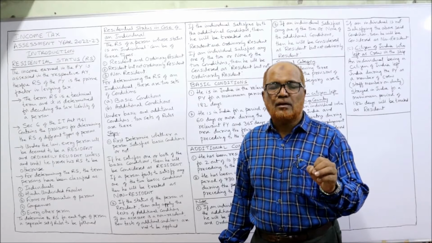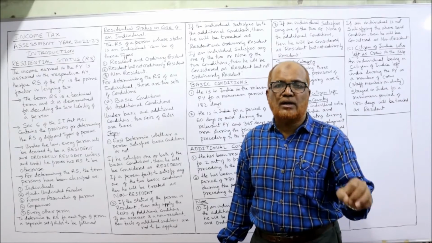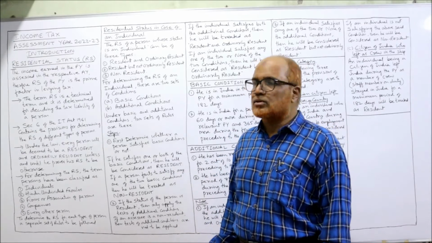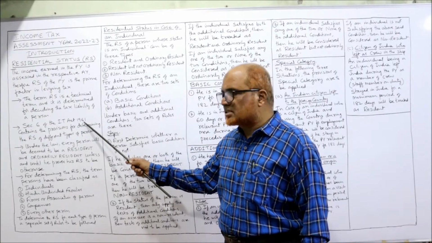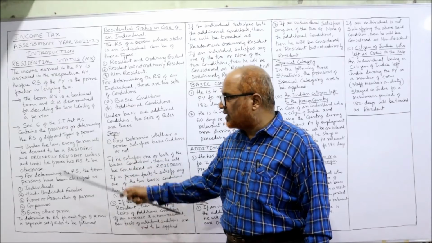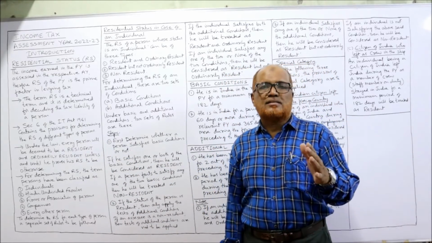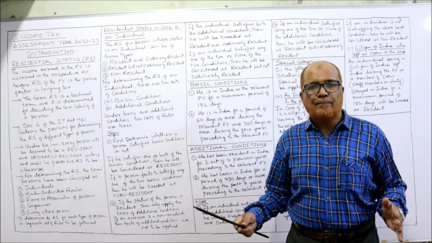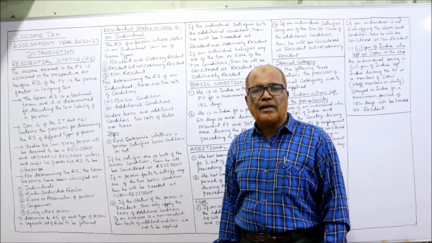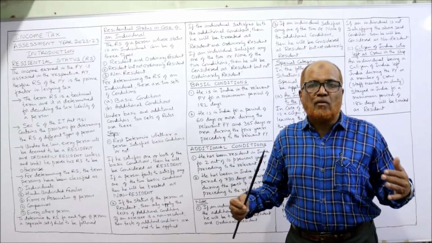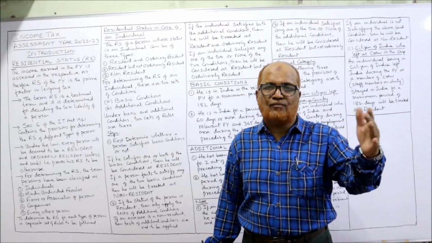So it is compulsory, before calculating the tax liability, to determine the residential status. Section 6 of the Income Tax Act 1961 contains the provisions for determining the residential status of different types of persons. We have different types of persons under the Income Tax Act, like individual, HUF, Hindu undivided family, partnership firm, joint stock company, etc. So different provisions are there regarding the residential status of individual, HUF, firm.